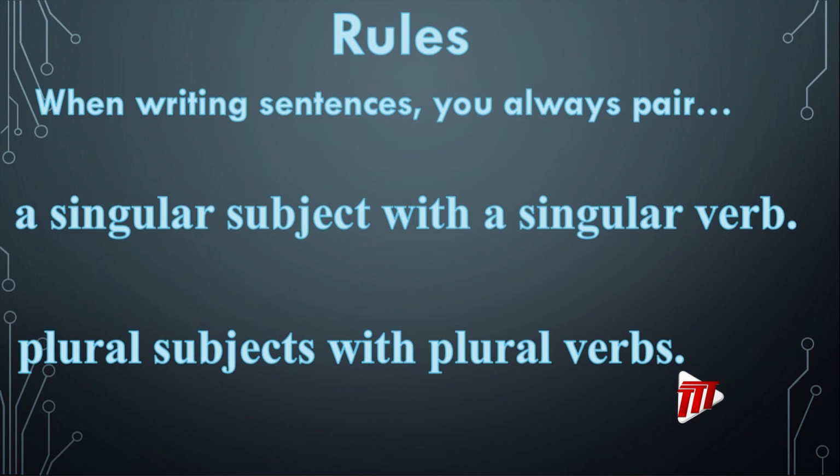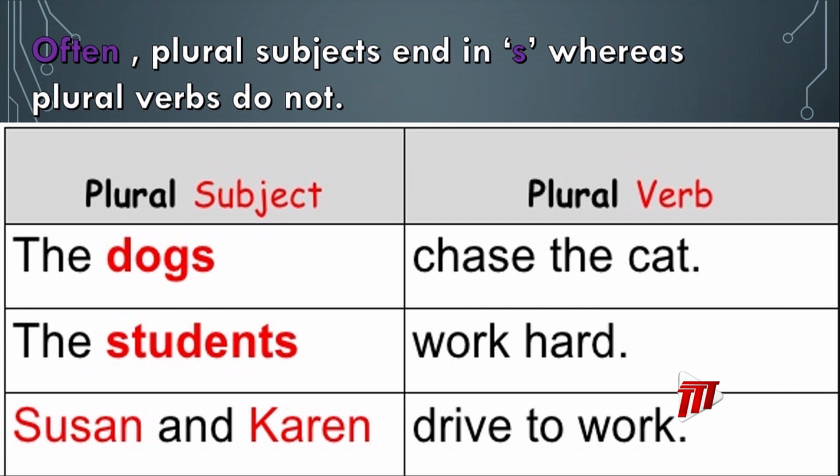So those are two simple rules, but you also have to understand what we are talking about. We previously spoke about singular and plural and those two concepts. Singular would mean one, and plural would mean more than one. In this case, plural subjects often end in S, whereas plural verbs do not. So it's the opposite.